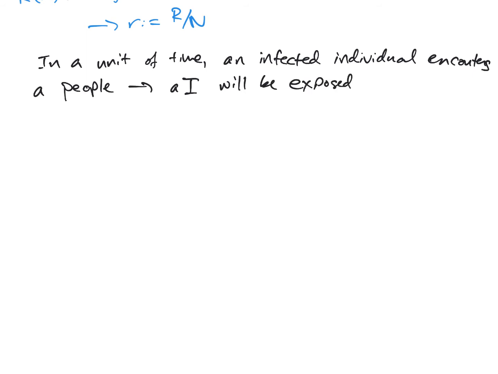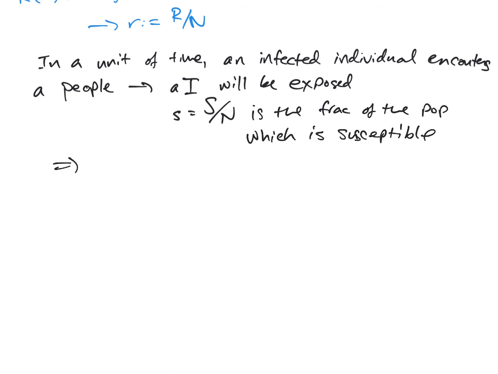But of those exposed people, they'll only become infected if they were susceptible to begin with. Only a fraction of the total population is susceptible. So little s equals big S over n is the fraction of the population which is susceptible.